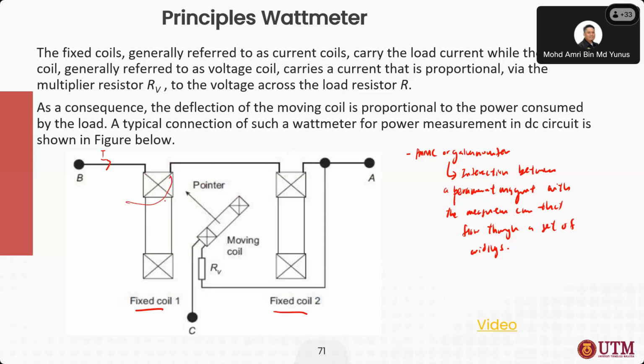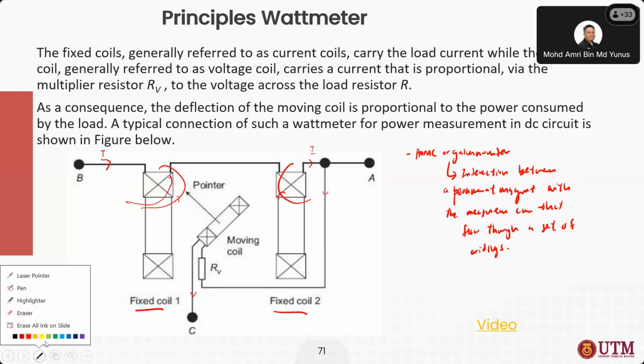So there is an electromagnetic field on this side and also on this side. So that main current also splits into the moving coil to the ground, and then the moving coil will also generate its own magnetic fields.